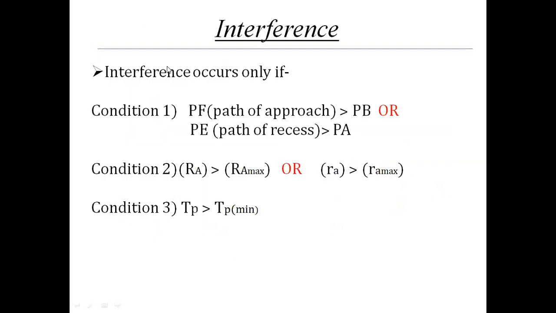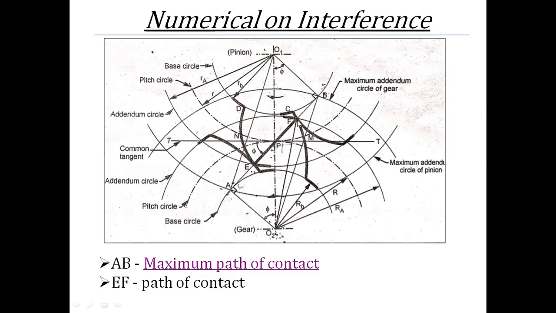So interference will occur if that point F moves beyond point B. So the first condition is if PF is greater than PB. PF is the path of approach. If it exceeds the limit PB, that means the length of PF is greater than PB, interference will occur.